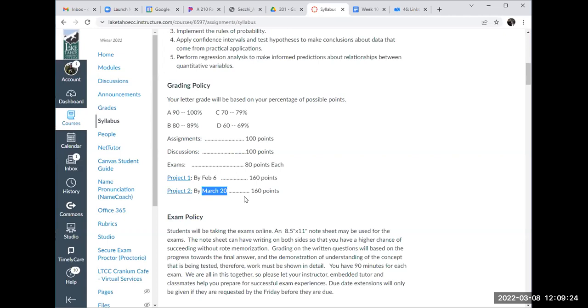Also, this week is week 10, and 10 is an even number. Why is that important for this class? Yeah, exams happen on the even number weeks. So you do have your week 10 exam. Make sure you put enough time in your schedule. And you don't want to even touch the week 10 exam until you're done with the chapter 12 assignment, because that will help you on the week 10 exam.